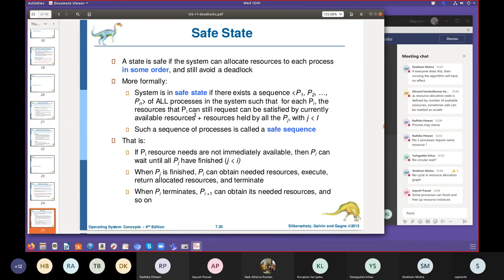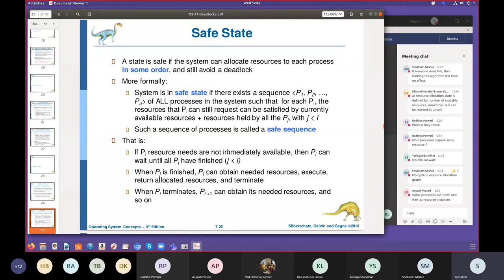More formally, suppose there exists a sequence P1, P2 up to Pn of all processes in the system, such that for each Pi, the resources that Pi can still request, in addition to what it has already, can be satisfied by currently available resources plus resources held by all the Pj with j less than i. This will be a small i, sorry. As long as such a sequence exists, the state is safe. And such a sequence is called a safe sequence.